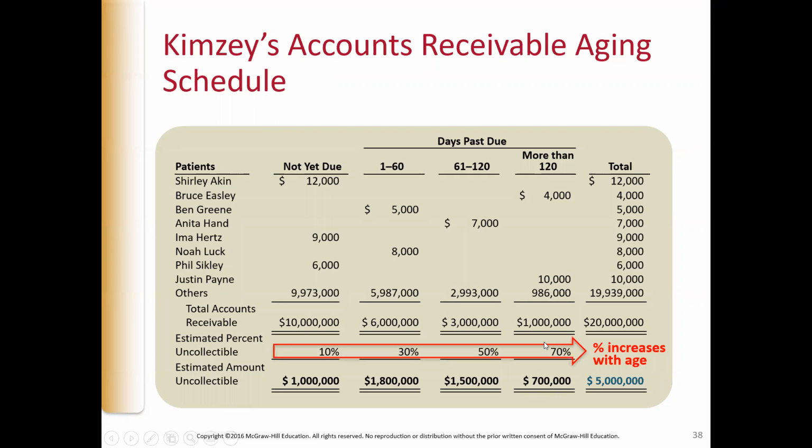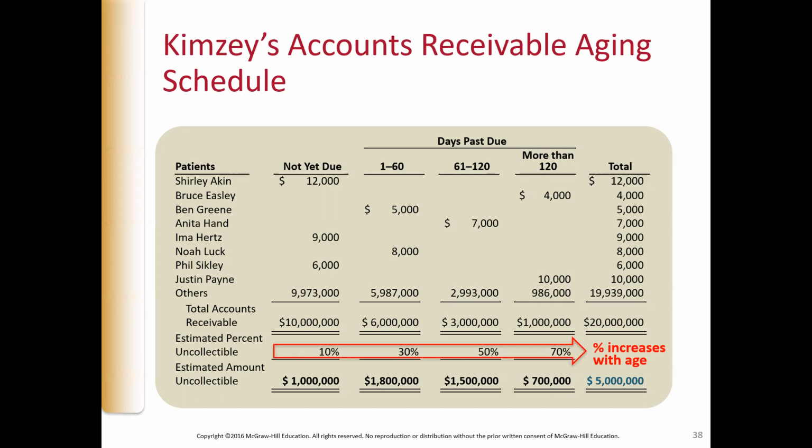And 70%, or excuse me, it's not the percent. This amount of $1 million is not yet due. 1,800,000 is 1 to 60 days old. 61 to 120 days old is 1.5. And then more than 120 days old is 700,000.